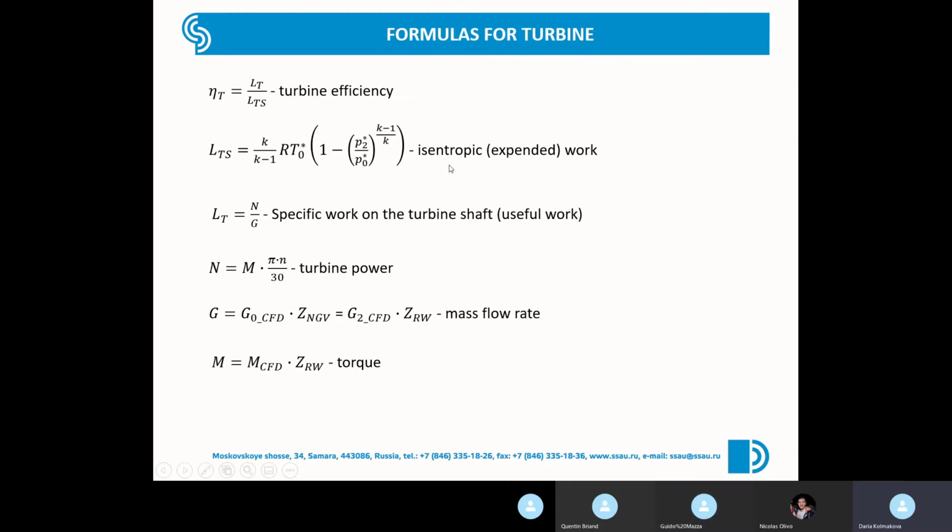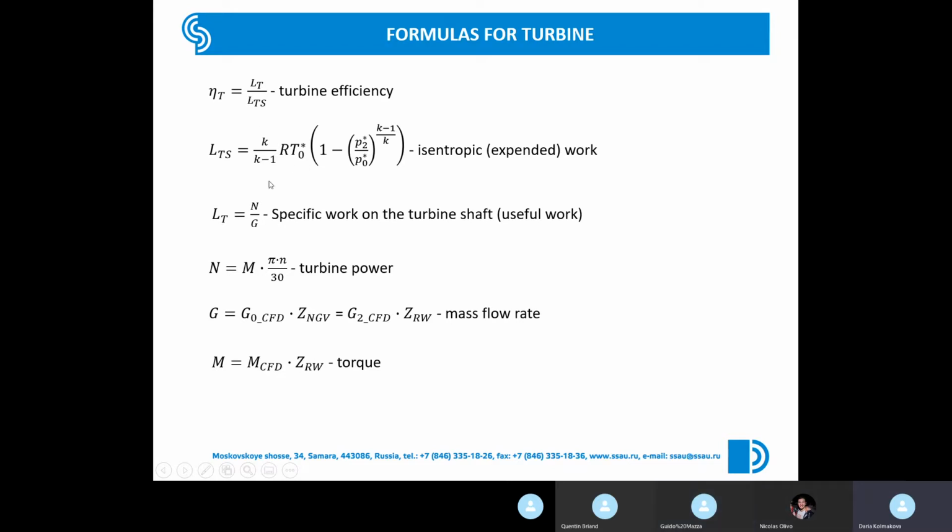Let's start with turbine. Turbine efficiency is the ratio of the specific work on the turbine shaft to the ideal isentropic work.